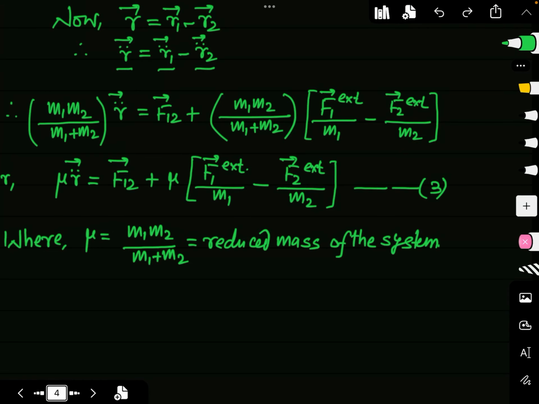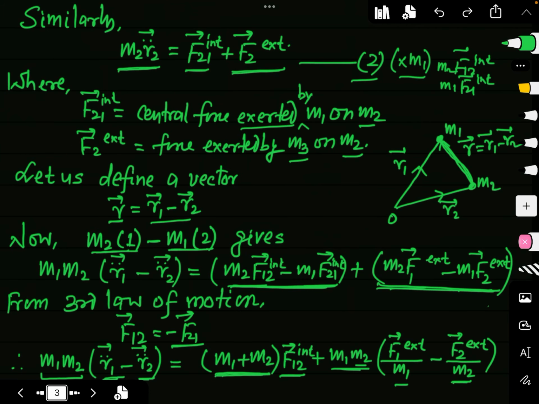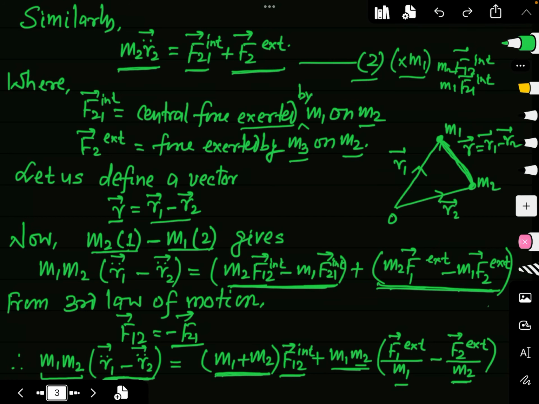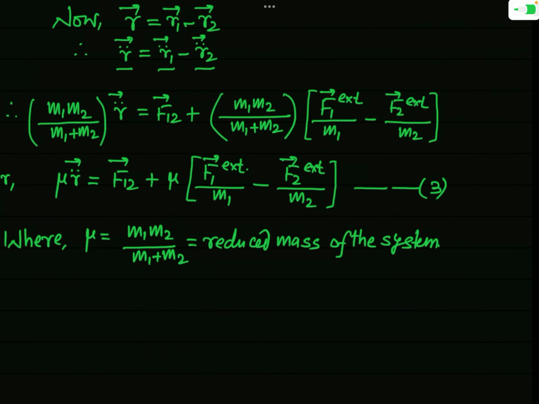So you can see in the LHS there is r1 double dot minus r2 double dot, and instead of this we can now write r double dot. That has been replaced by r double dot, and in the RHS, in the first term there will be only f12 internal, and the remaining term is this. You have already understood it.